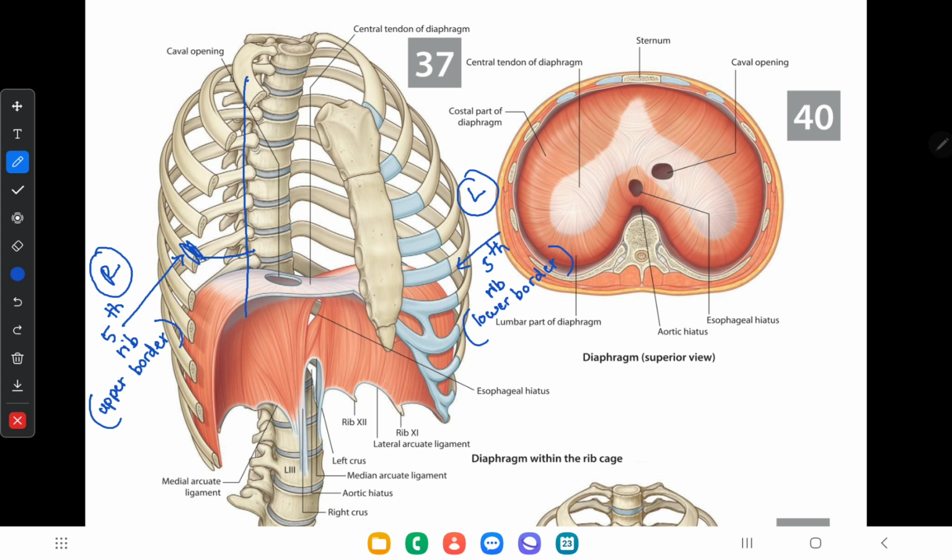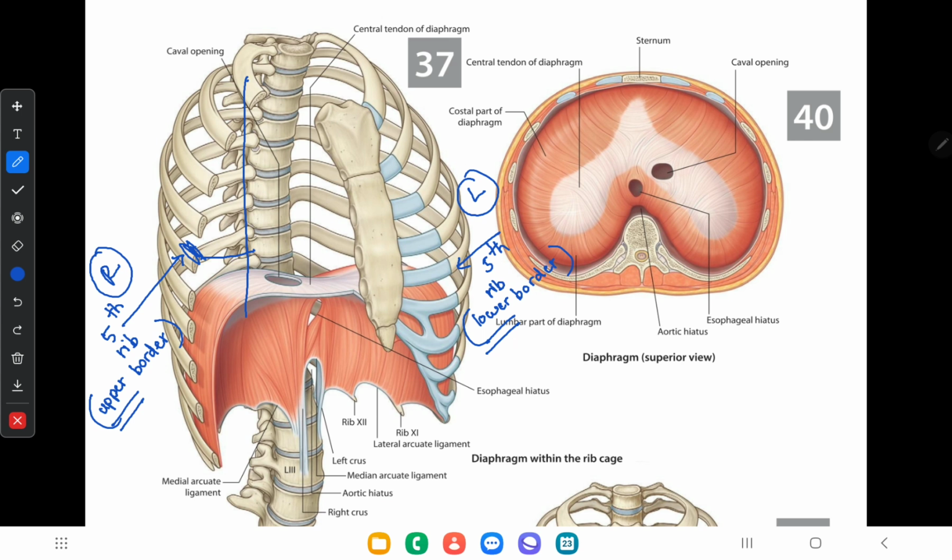The right dome of the diaphragm reaches the highest position due to the position of the liver. But on the left side, the left dome reaches as far as the lower border of the fifth rib. Here on the right side, it reaches up to the upper border of the fifth rib, and here on the left side, it reaches up to the lower border of the fifth rib.